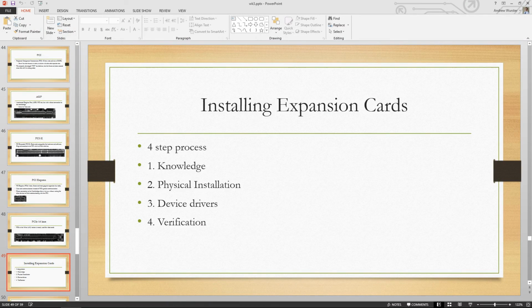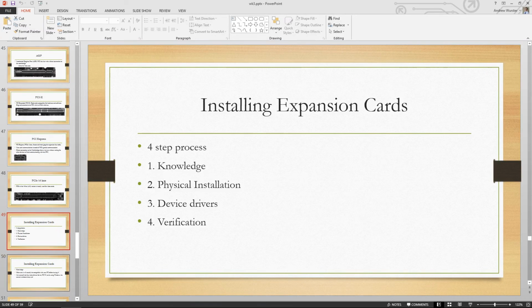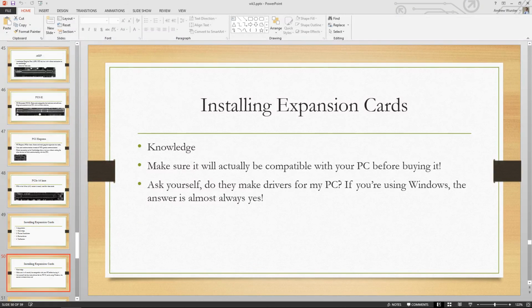So this is the process of determining if your expansion card can fit and actually putting it in to begin with. So knowledge: making sure it actually works before you even buy it. Unless you already have it laying around, in which case you still have to make sure it fits, but that's usually 15 minutes. You go to the manufacturer's site and see if they support this type.